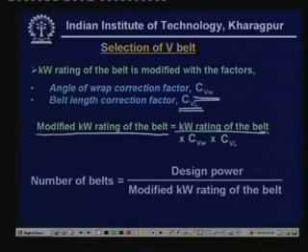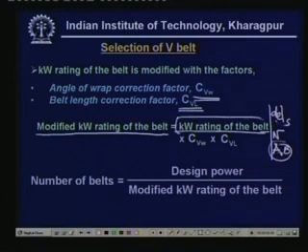To find out that kilowatt rating of the belt, what you have consulted is DE for the smaller pulley and speed N, that is the belt speed. So depending upon those two features, you have found out that kilowatt rating, and of course the section, say A section or B section, whatever you may be choosing. So for a given section, given belt speed and given equivalent smaller pulley diameter, you found out the kilowatt rating of the belt.